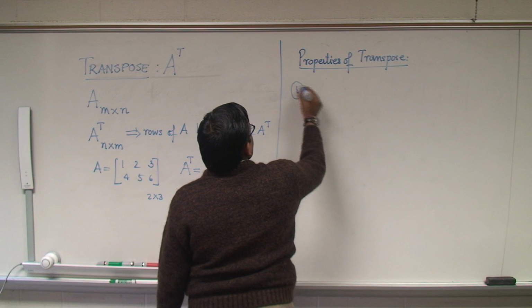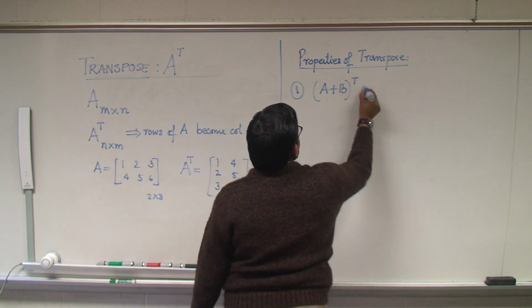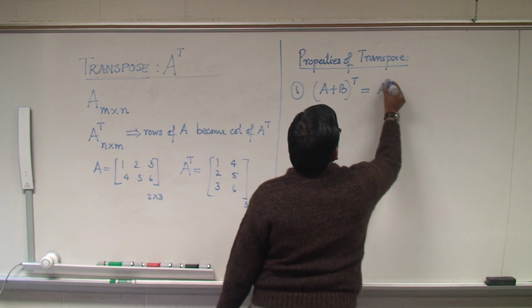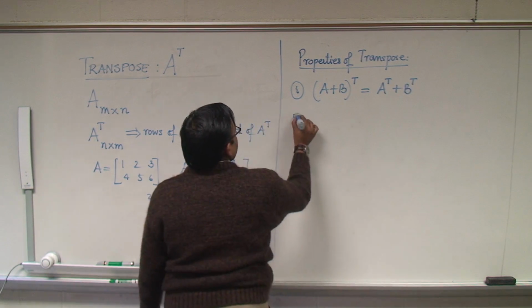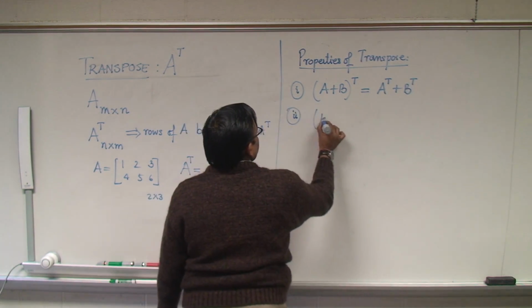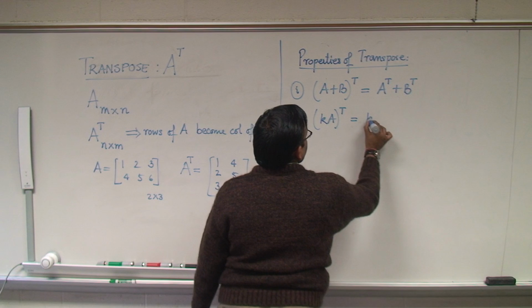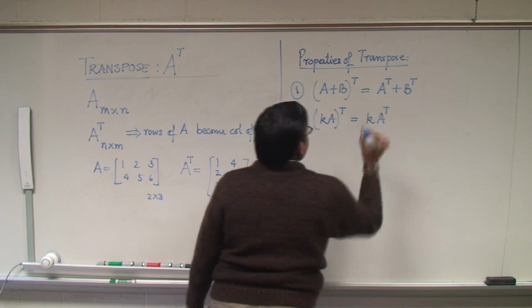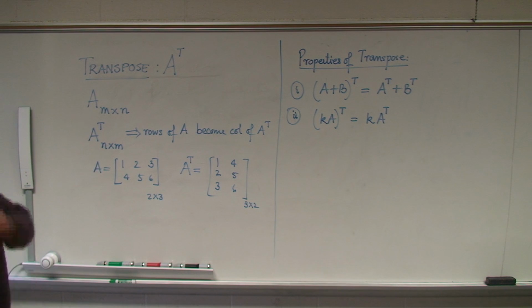So one of the properties is, if you take the sum of two matrices and its transpose, it is basically the sum of the transposes. If you take a scalar multiple of a matrix and its transpose, then the scalar multiple, as expected, will not change, and it will be k times A transpose.